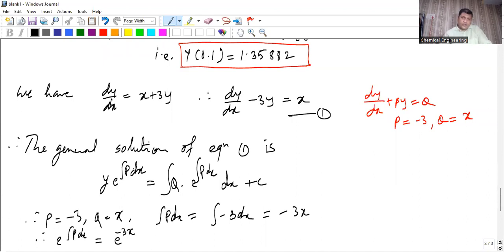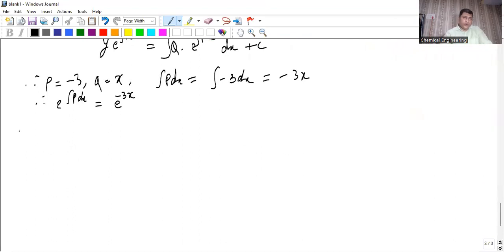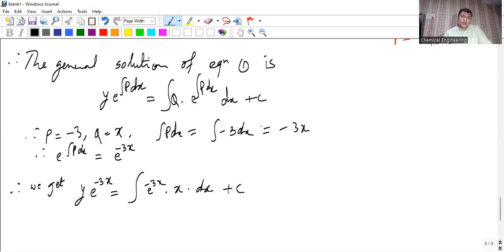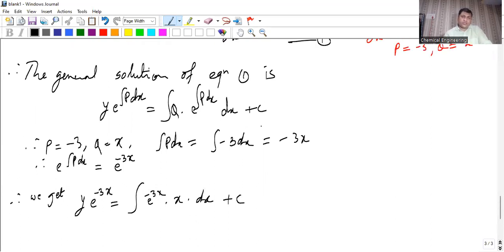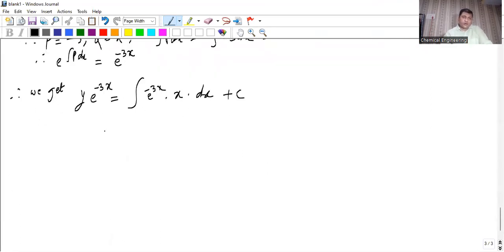So now we are able to write the general solution: y e raised to -3x = integration of e raised to -3x times x dx + c. You can see the value of q is x. Now we have to solve this integral, x into e raised to -3x.